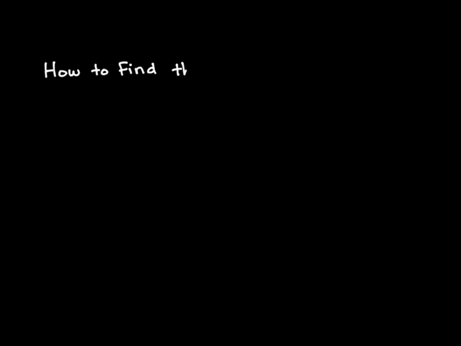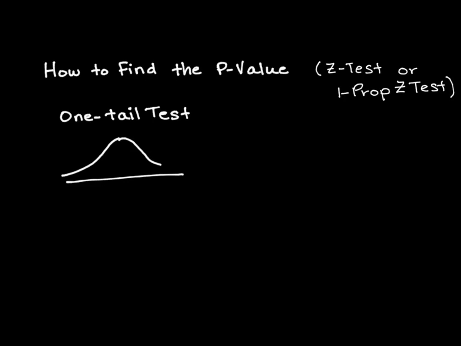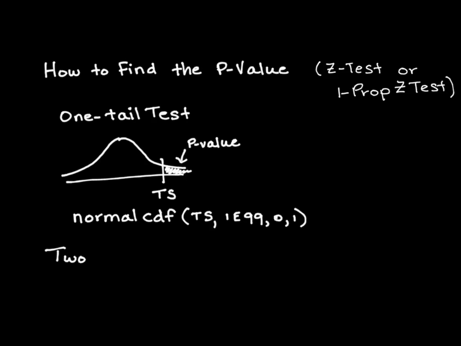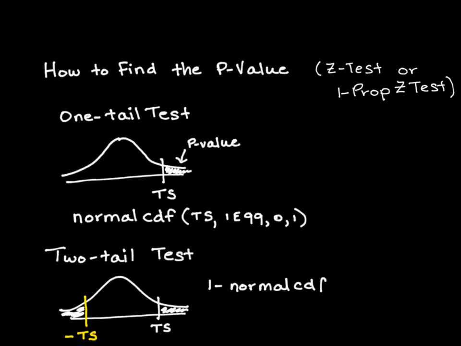If we are talking about a z-test or a one-prop z-test, we could calculate this p-value by using the normal CDF function, because it's a probability and it's really just how far you are going out into the tail past that test statistic.